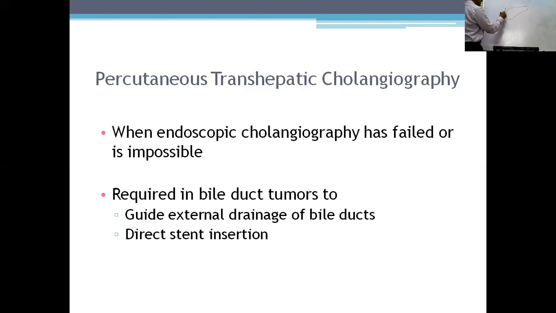So PTC is, this is the skin. You are puncturing the liver like this, and you will strike the bile duct and then aspirate, isn't it?